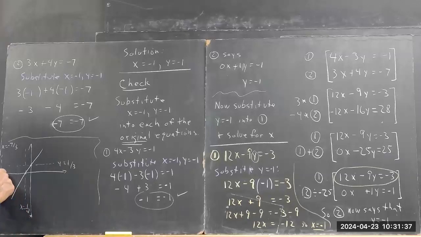We're going to have a line that does this sort of thing. And this point where the two lines cross is going to be -1, -1.